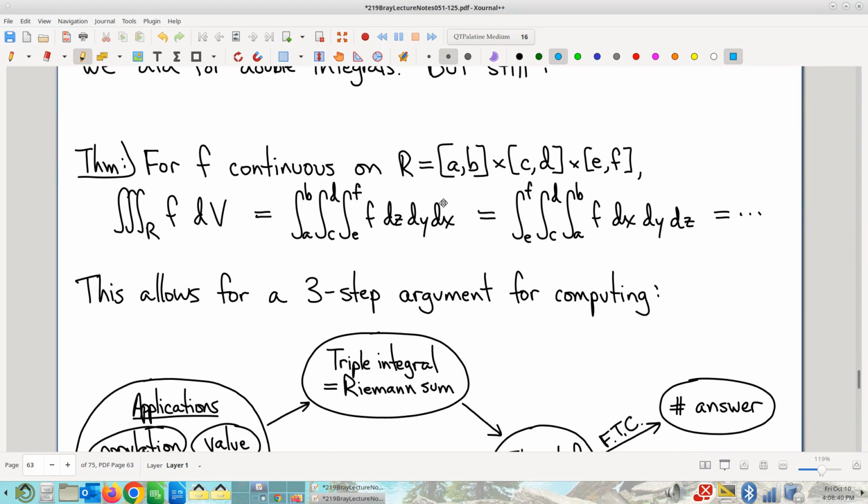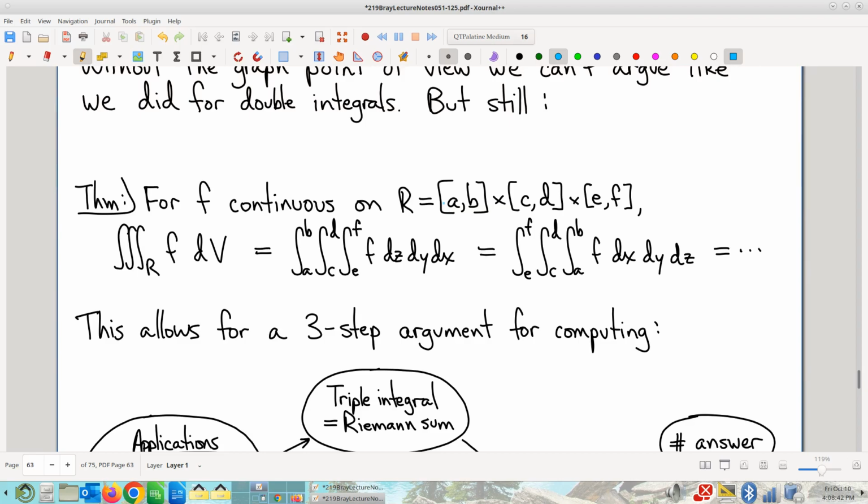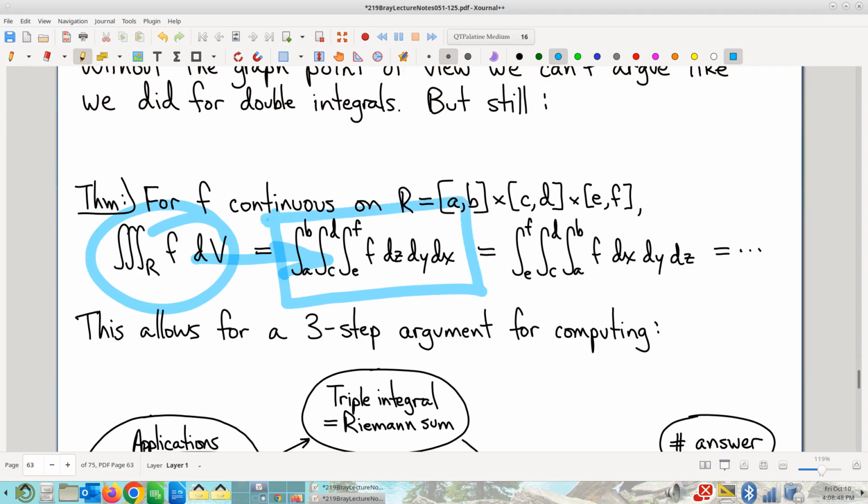Good news, it is still true that triple integrals can indeed be computed with iterated integrals. Triple iterated integral, you might say. Now, how do we know this is true? If we can't draw the pictures, if I can't make the geometric argument, well, there are other arguments.